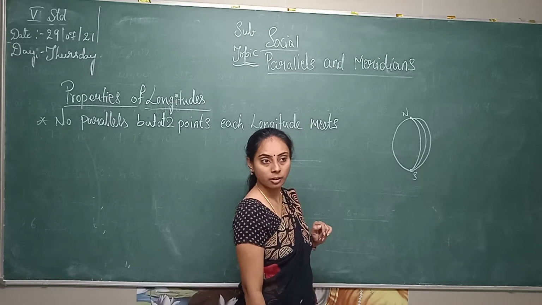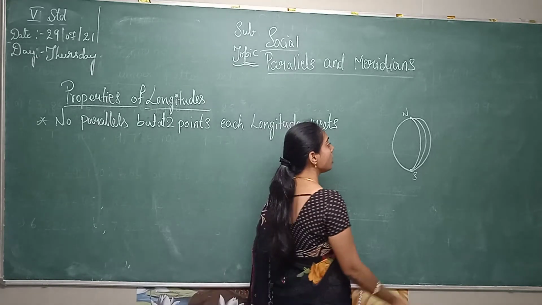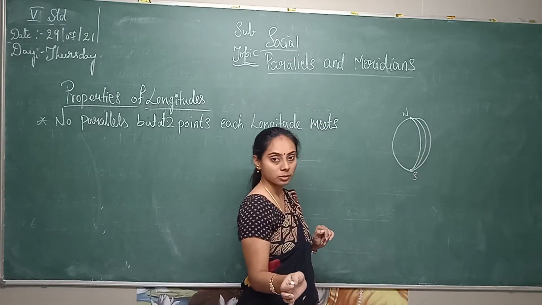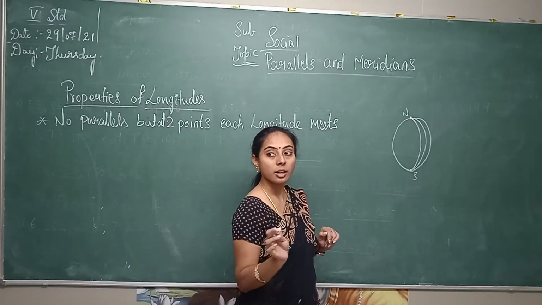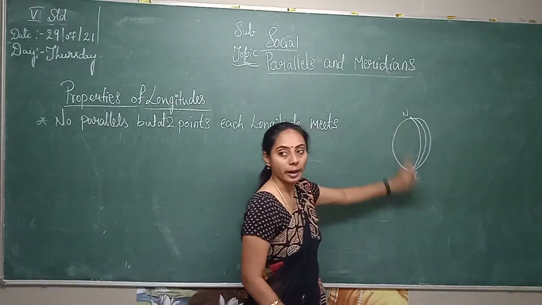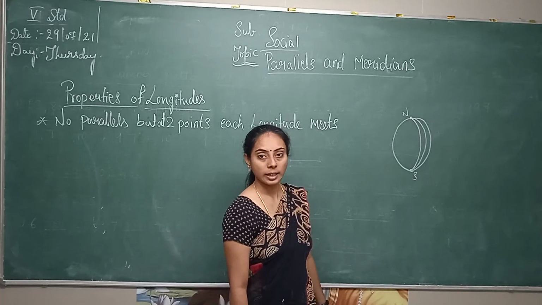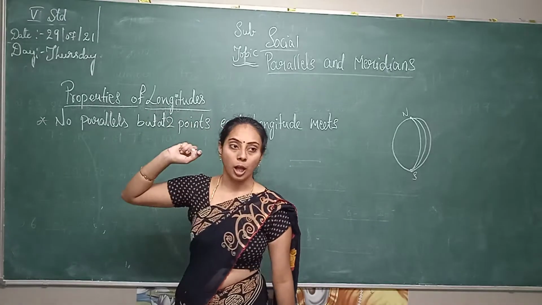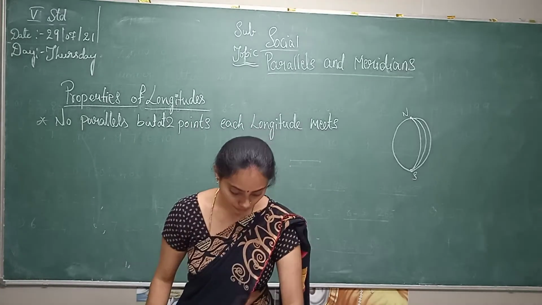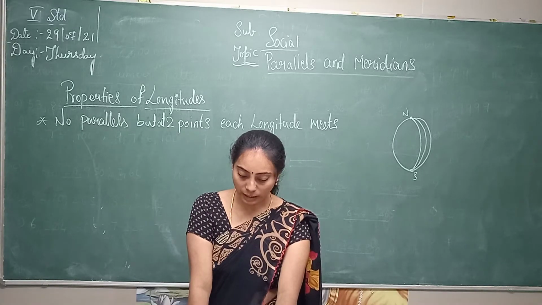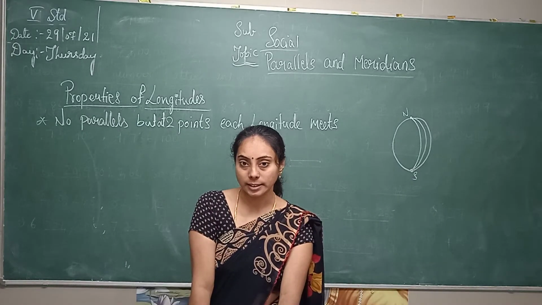Understand? Each and every longitude is not parallel, but they will meet at the two end points. That is the first property of longitude: longitudes do not run parallel to each other but meet at the ends.